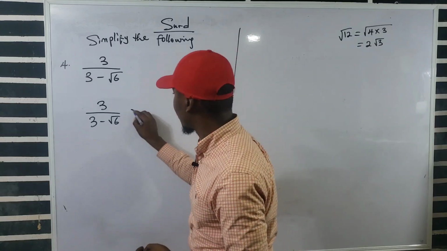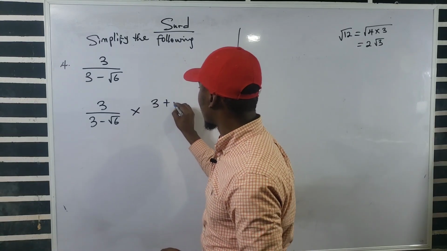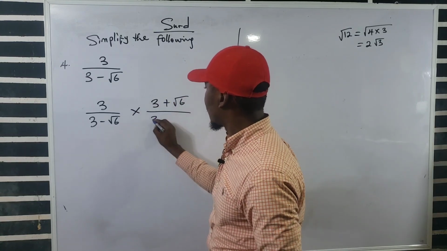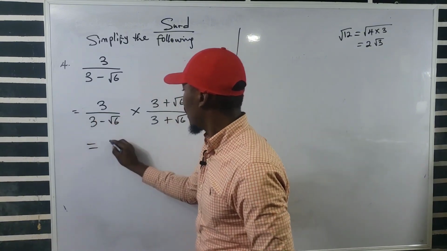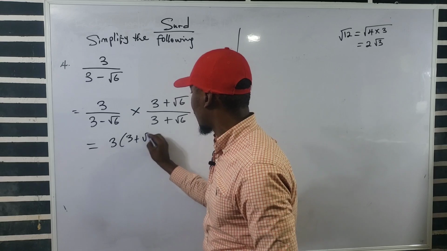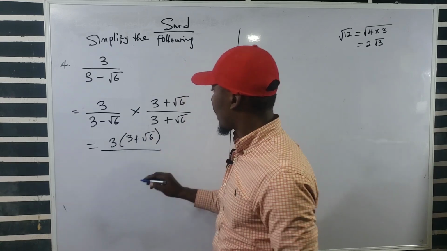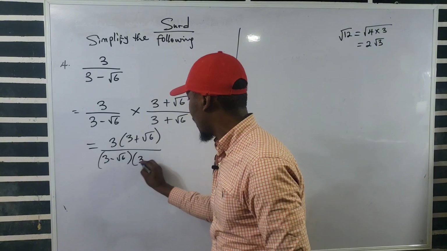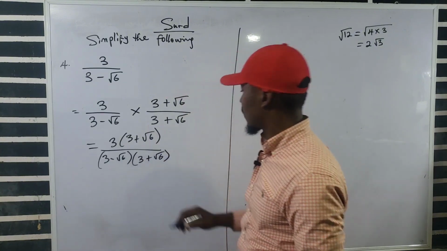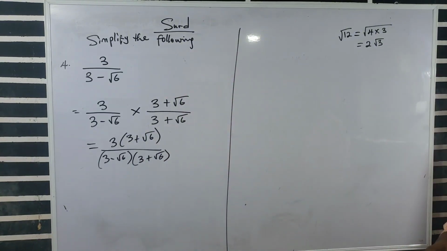So that will give us 3 plus surd 6 over 3 plus surd 6. So that will give us 3 into 3 plus surd 6 all over 3 minus surd 6 into 3 plus surd 6. Okay, so this is what we have now.